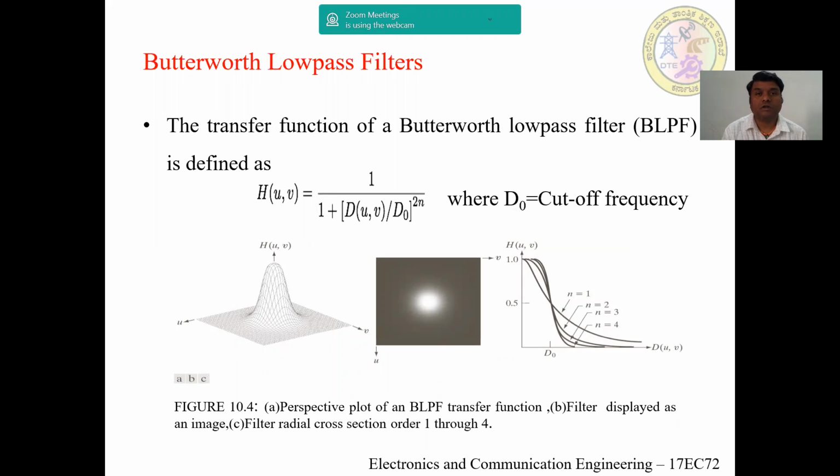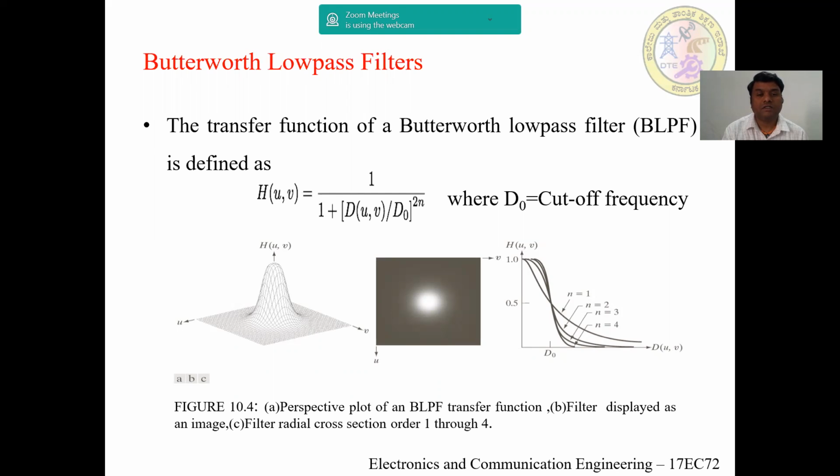Butterworth low pass filters. The transfer function of a Butterworth low pass filter is defined as H(u,v) equal to 1 over 1 plus [D(u,v) by D0] to the power 2n, where D0 is the cutoff frequency. In the figure, A is a perspective plot of a Butterworth low pass filter transfer function.